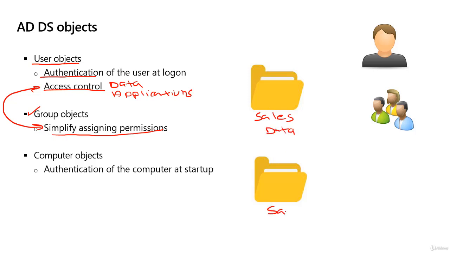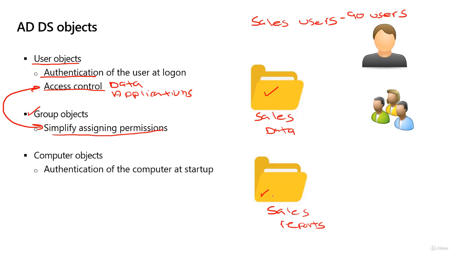Then I have this other folder and it's sales reports. In my sales department, I have these sales users, and we're going to say it is 90 employees, or 90 users that work in sales. So 90 people need access to this sales data and to this sales reports.